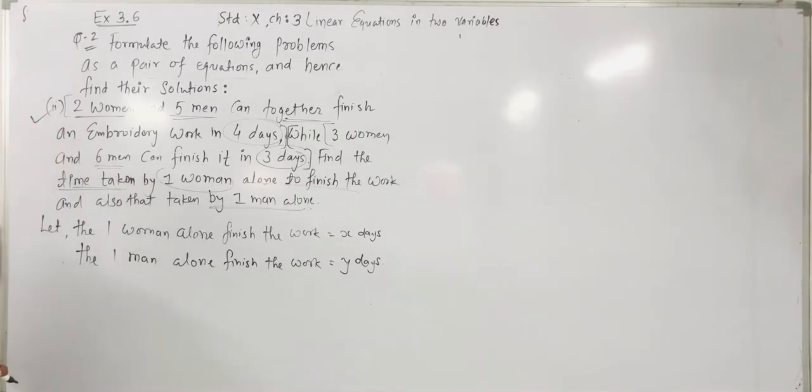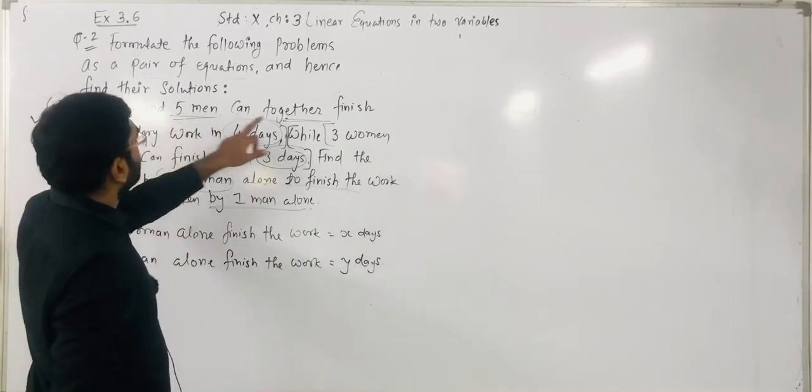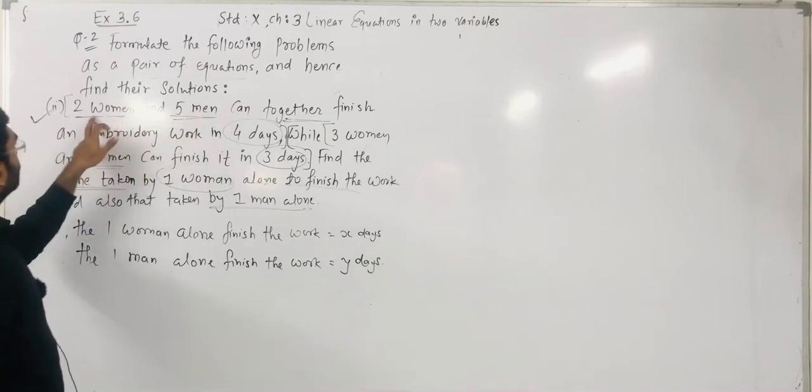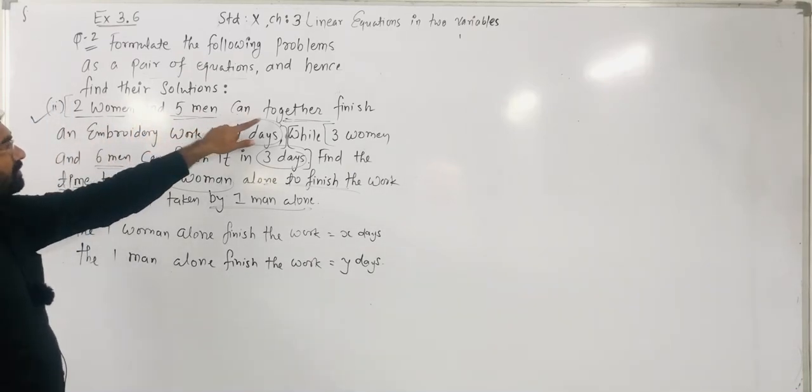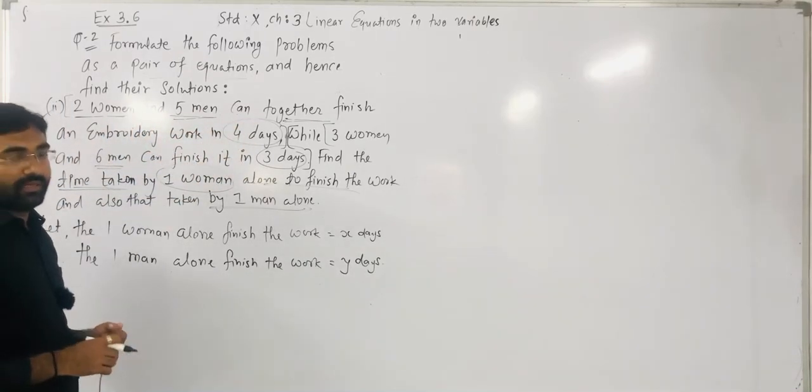Now one simple thing you have to understand. Here the together's work is given: 2 women and 5 men together finish the work in 4 days.